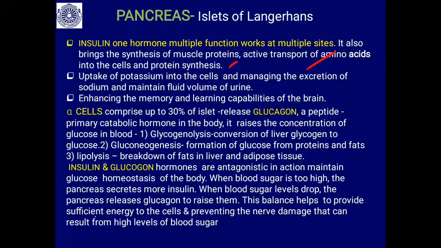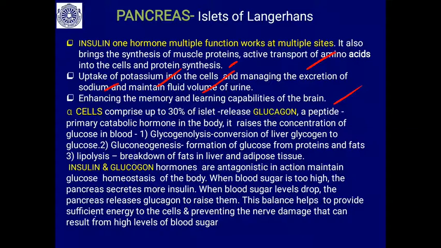It also stimulates the uptake of potassium ions into the cells and manages the excretion of sodium and maintains the fluid volume of the urine. It enhances the memory and learning capabilities of the brain. So, you will see so many functions apart from glucose homeostasis. Insulin also brings other functions.